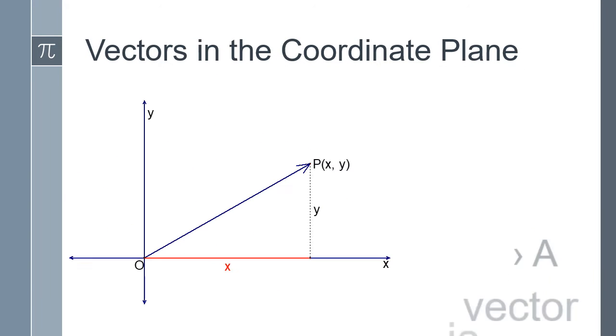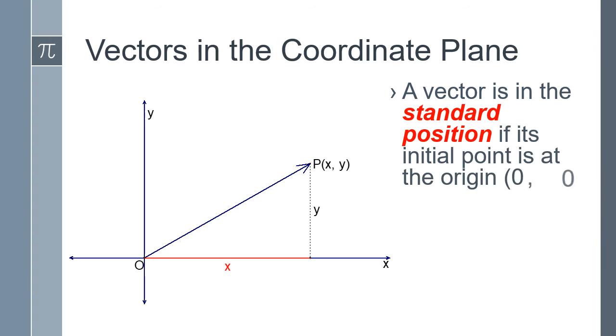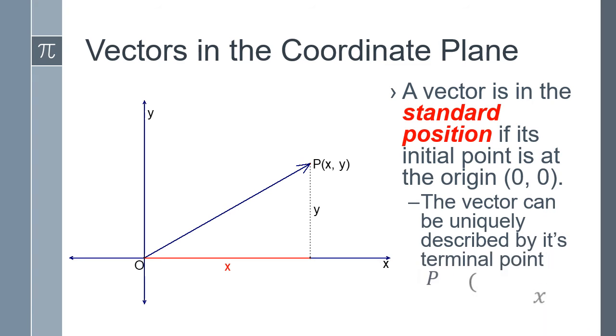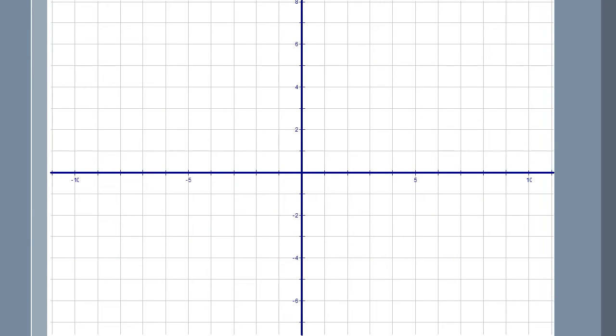Now, with vectors in the coordinate plane, a vector is in the standard position if its initial point is at the origin 0, 0. The vector can be uniquely described by its terminal point, so point P (x, y) is how we would describe that. Now, there's something to keep in mind with vectors on the XY coordinate plane.